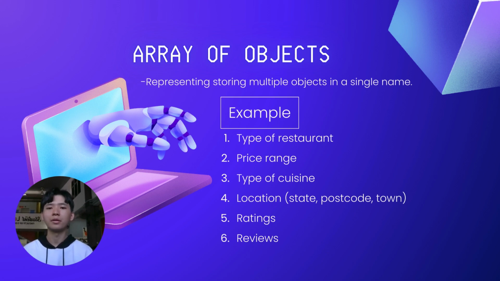For example, the type of restaurant, price range, type of cuisine, location, rating, and reviews. Let me give one example: sometimes you have many types of restaurant, for example Western, Chinese restaurant, Thai restaurant, so we will do it in one array of objects.